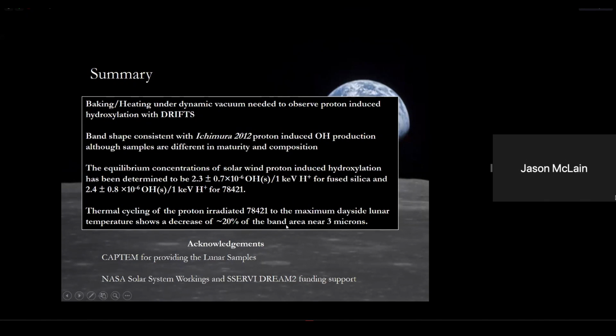So we have plans to do this all in vacuum now, and really try to understand the equilibrium concentrations. For the fused silica, I have them here in the summary, and for the 7842, it's about every million hydrogens produce an OH. Thank you.